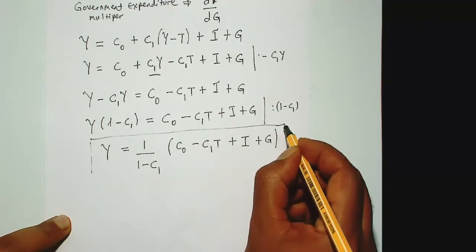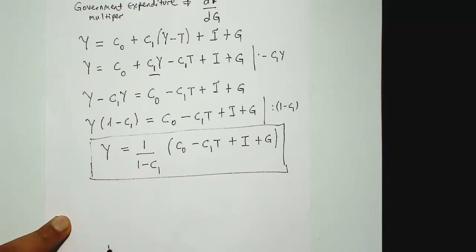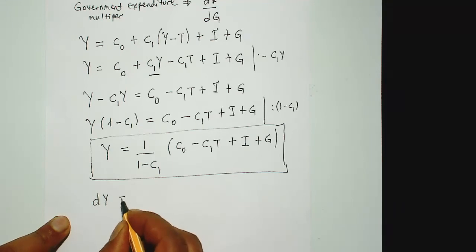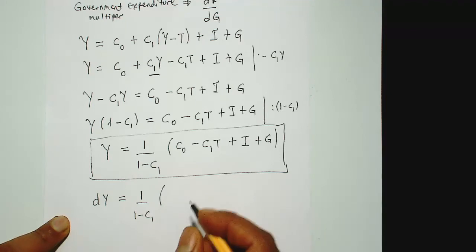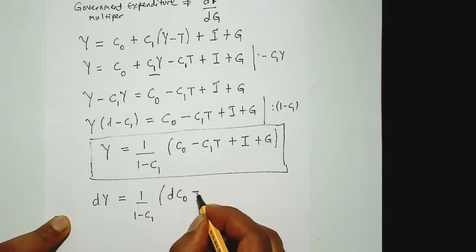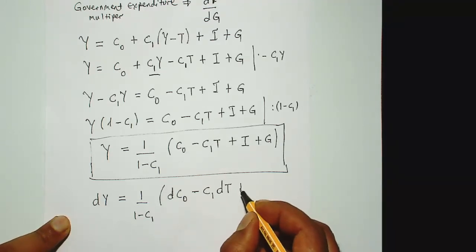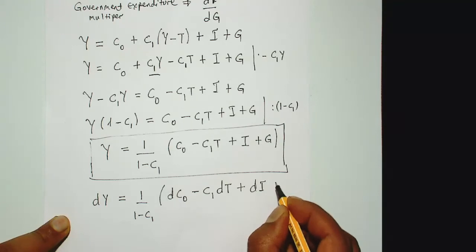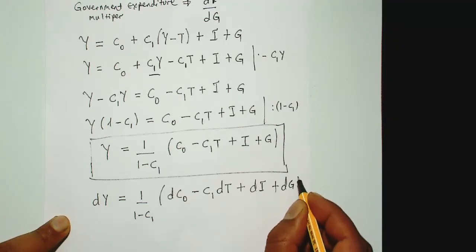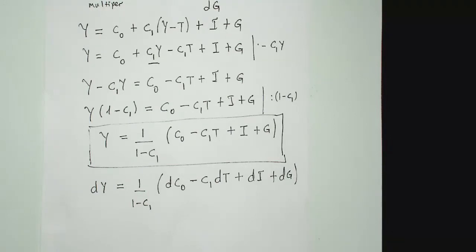Having this formula, the total differential of Y, represented by dY, can be written as 1 over 1 minus C1, times the bracket dC0 minus C1 multiplied by dT plus dI plus dG, which is the government expenditure.